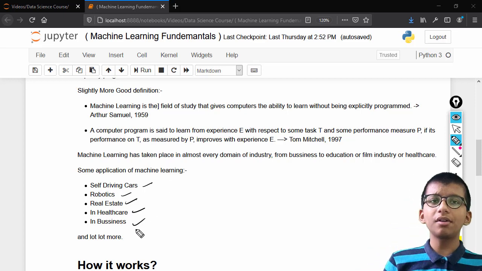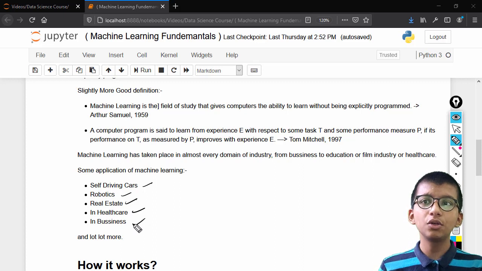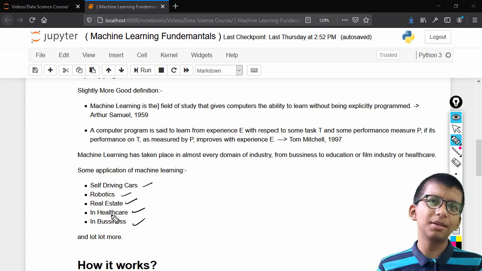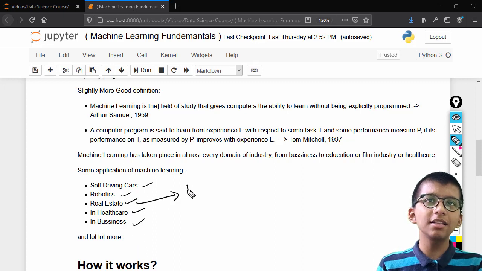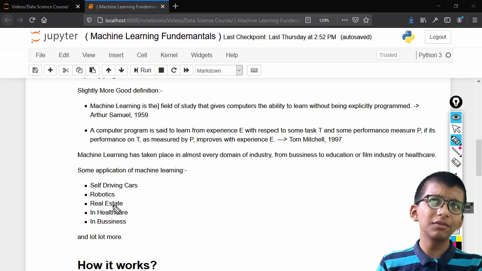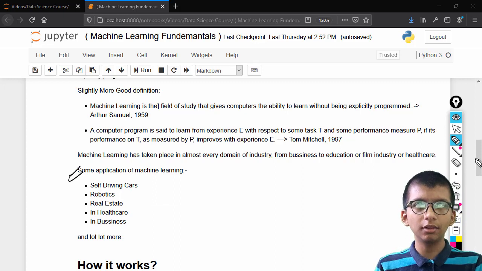In self-driving cars, we make use of machine learning, deep learning, and artificial intelligence to make cars learn to drive themselves. In robotics, machine learning is highly used. And in real estate, we are predicting the price of the house on the basis of some parameters, some features. You will see the applications as we go further.